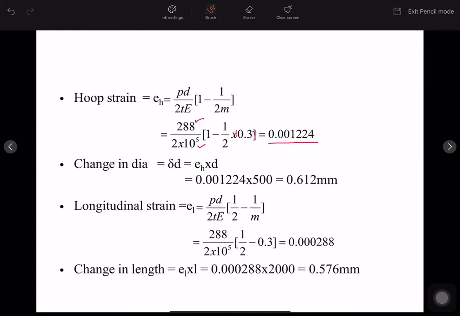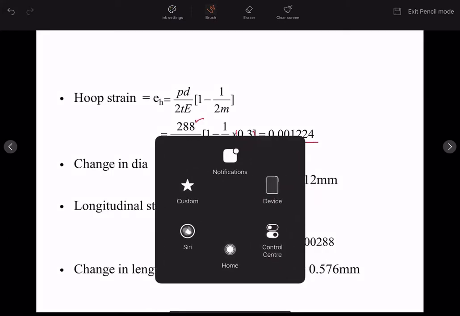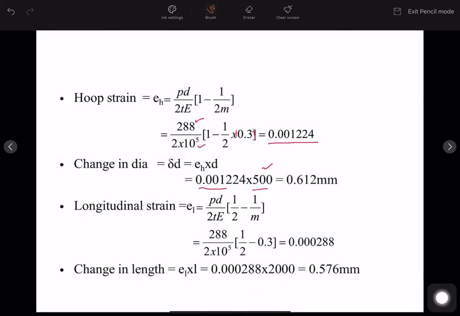From this we can calculate the change in the diameter, which is delta D equals epsilon h into small d. Here we can substitute external diameter as 500 instead of 480, since the change will be common for both internal and external.